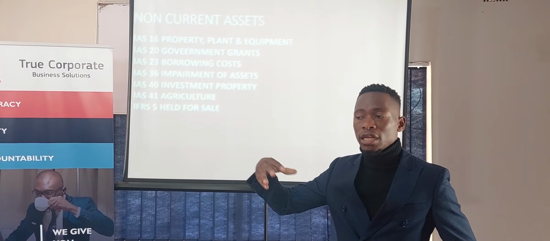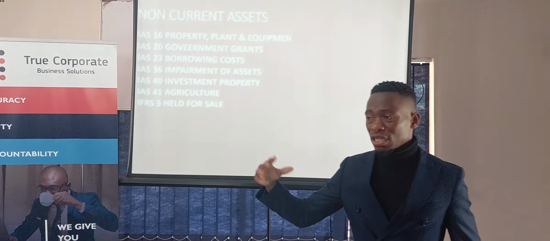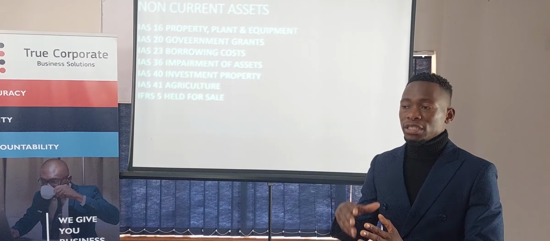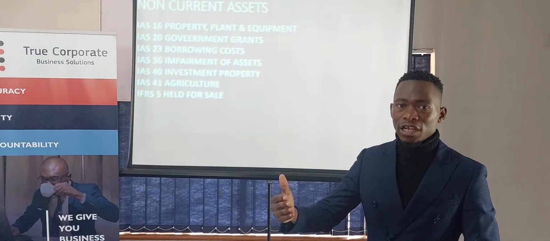Net selling price is the selling price less all the cost of disposal, the selling cost. It tells us how much we expect to get if we sell the asset.